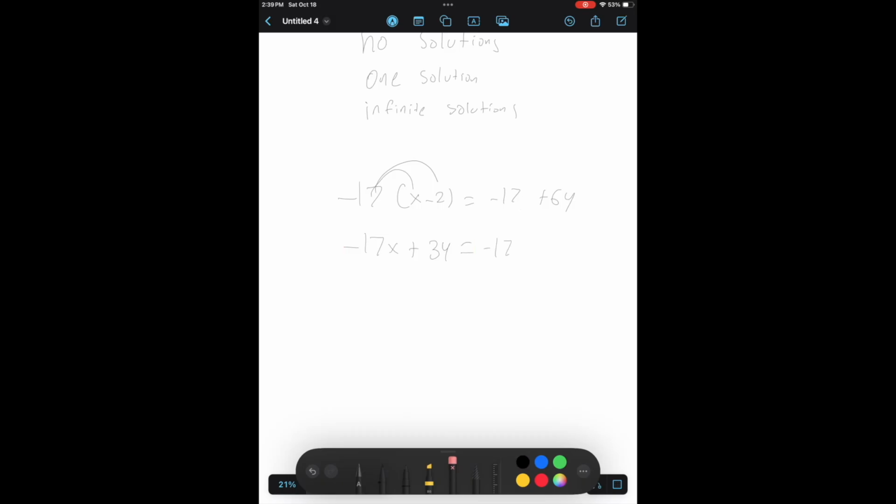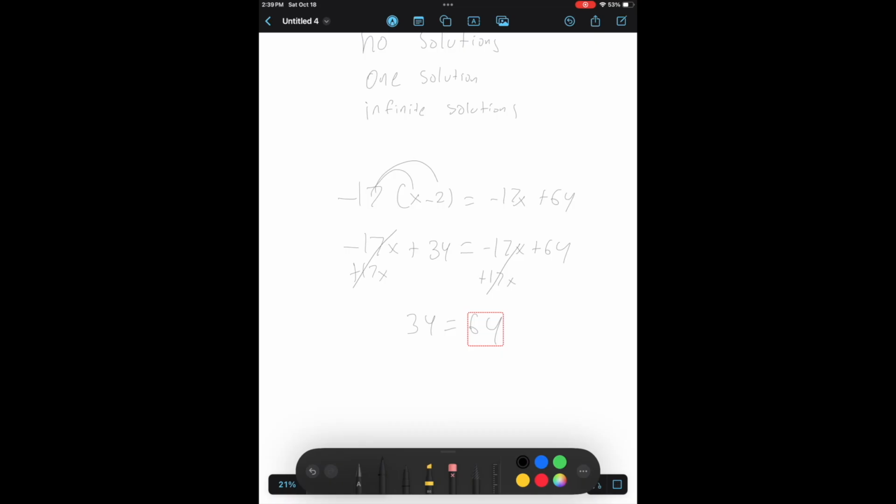Oops, sorry, this should be x. Again, if I add 17x to both sides, I get this, and this is a contradiction. 34 does not equal 64.